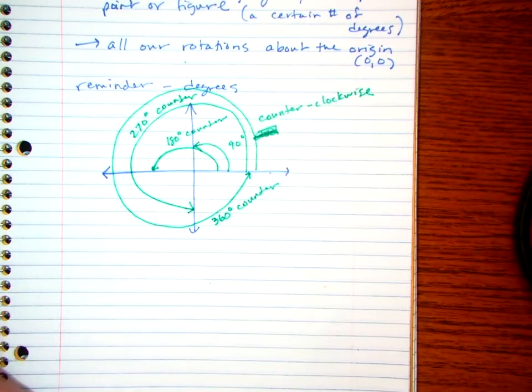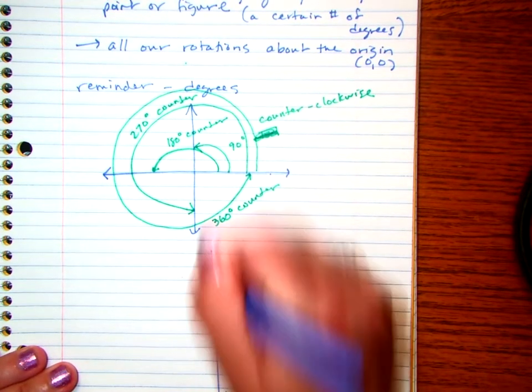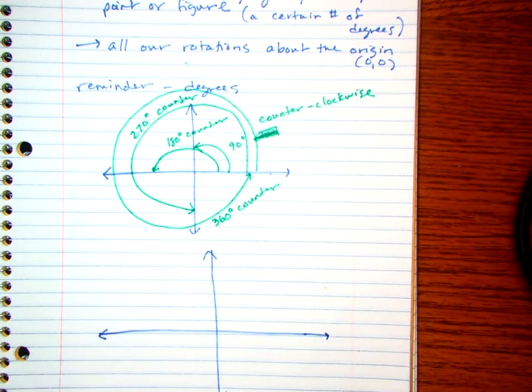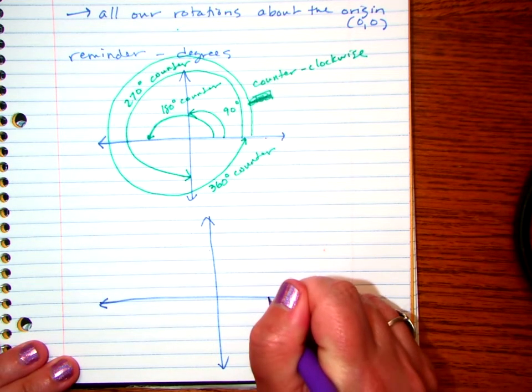Now, I'll look at another grid, since it might get a little confusing. Here's the same grid, but this time I'll look at what a rotation clockwise would look like if I started right here.